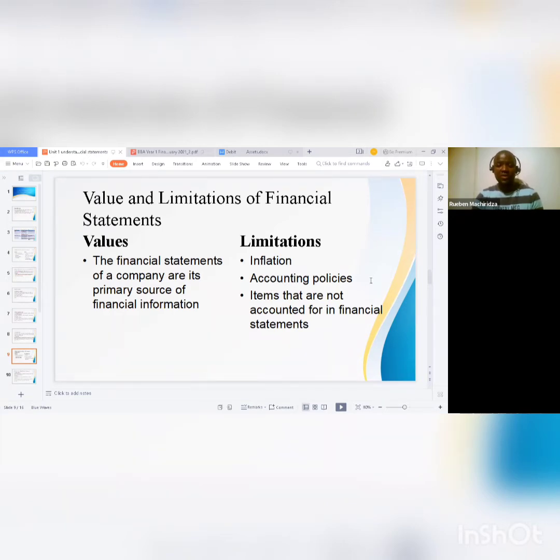One organization can be making profits because of the policies that it has in place, and another organization can be making losses because of the very same aspect of the policies that it puts in place.